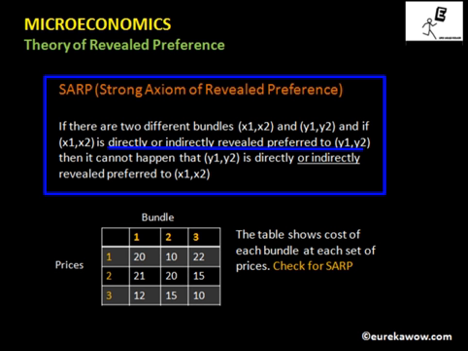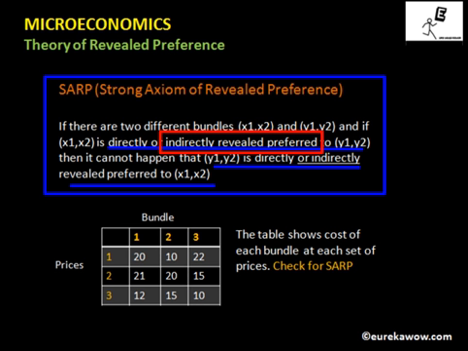Then we say that y1, y2 cannot be directly or indirectly revealed preferred to x1, x2. So it's quite similar to WARP except for the fact that indirectly revealed preference has been added in this case. So again, if x1, x2 is directly or indirectly revealed preferred to y1, y2, then it cannot happen that y1, y2 is also directly or indirectly revealed preferred to x1, x2.